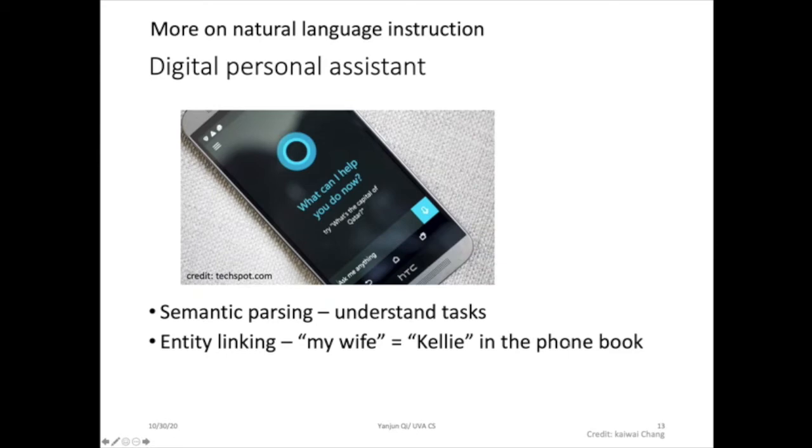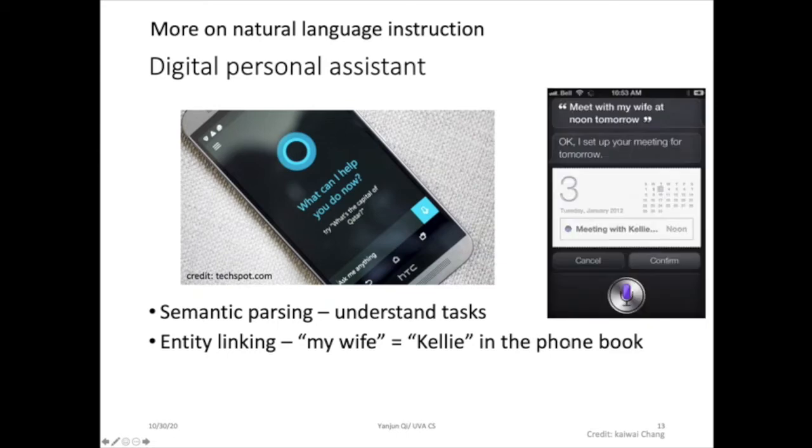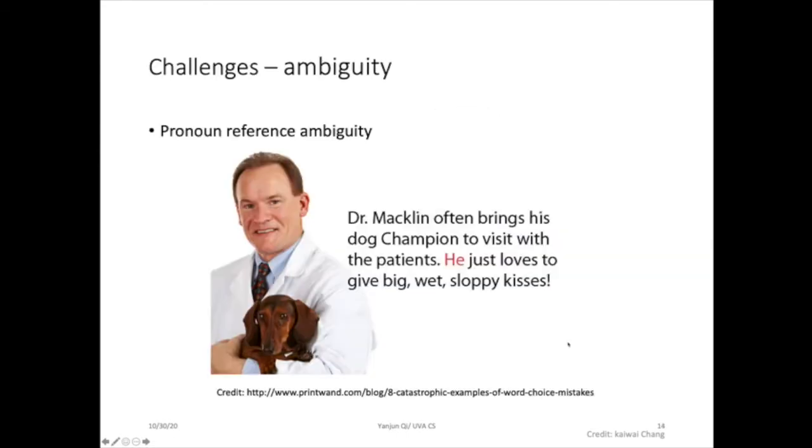Maybe that "my light" just refers to your bedroom light, or maybe it refers to your living room light. So this has a lot of ambiguity. An assistant needs to be able to understand that level of ambiguity and also the contextual reference.